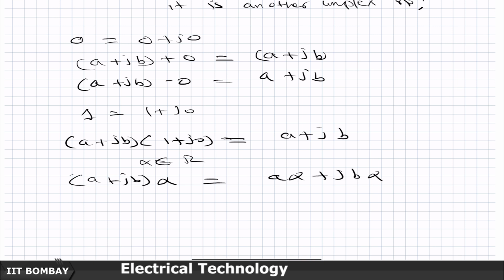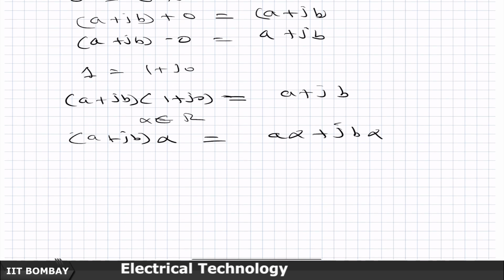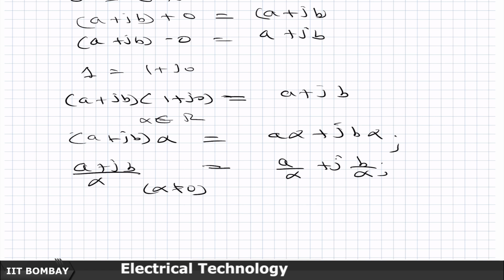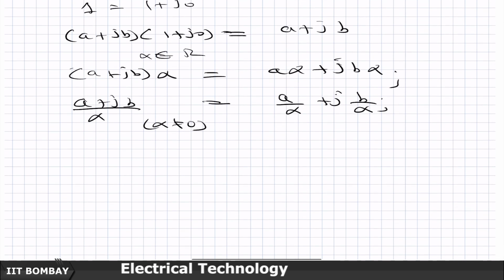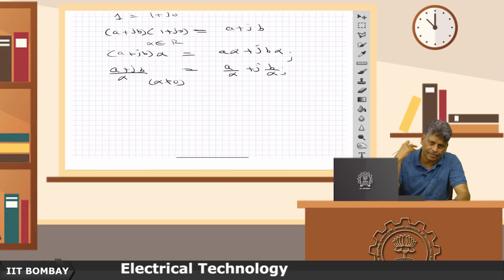If alpha is some real number and I scale this complex number by alpha, then it is going to be a alpha plus j times of b alpha, and if I divide it by alpha, provided alpha is not equal to 0, then it is a by alpha plus j times of b by alpha. So, these are some of the standard arithmetic operations that we do with complex numbers. I am sure all of you are conversant with this from your high school days, and these are what we are going to now use.